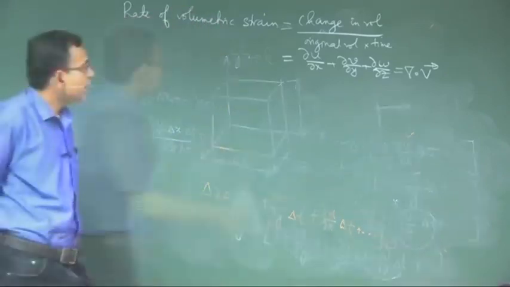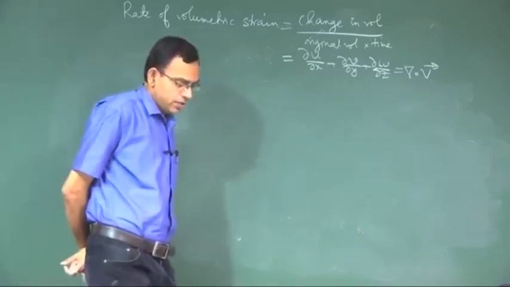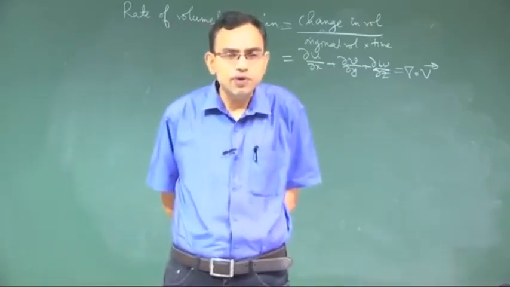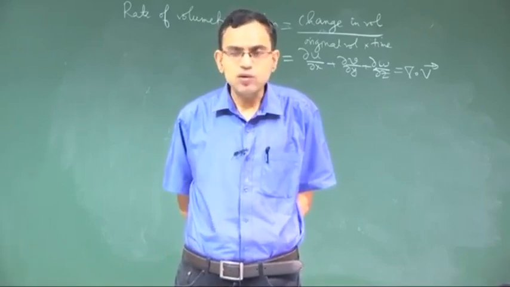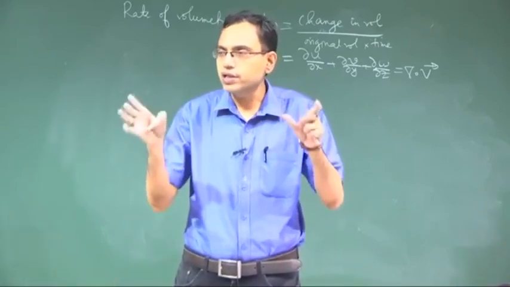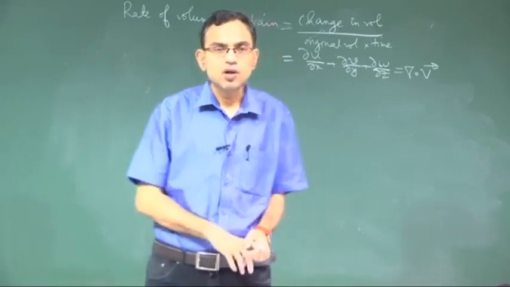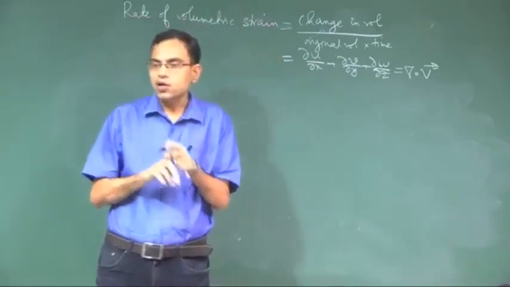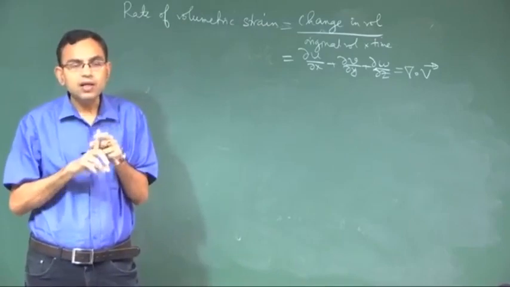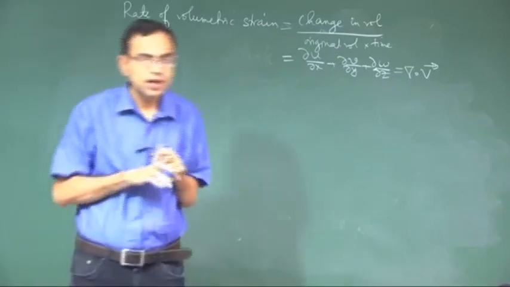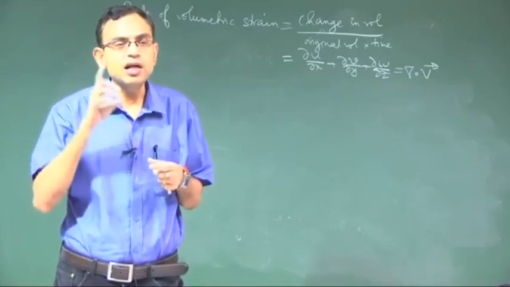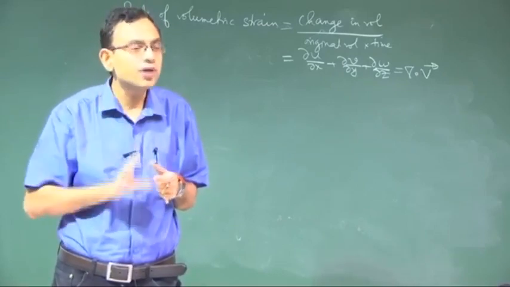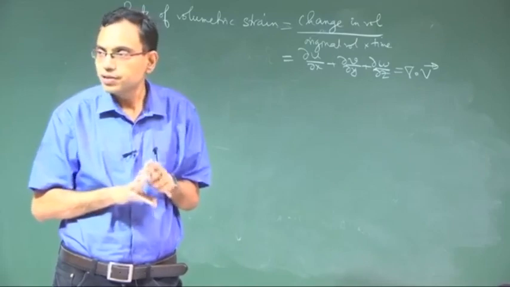Now, we have discussed all sorts of deformation, linear, volumetric, angular also, shear and rotation, everything we have discussed. Can you tell what is the common thing in all these expressions? It is essentially a spatial partial derivative of some component of velocity, right.